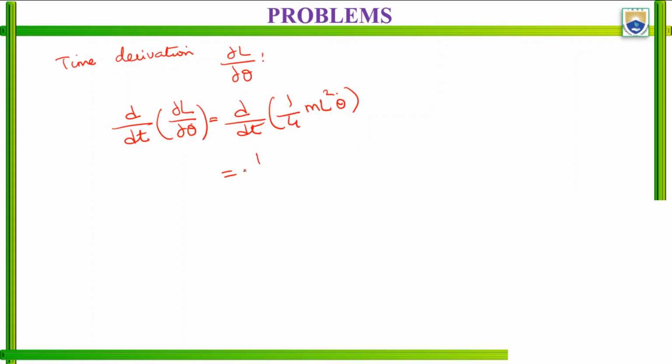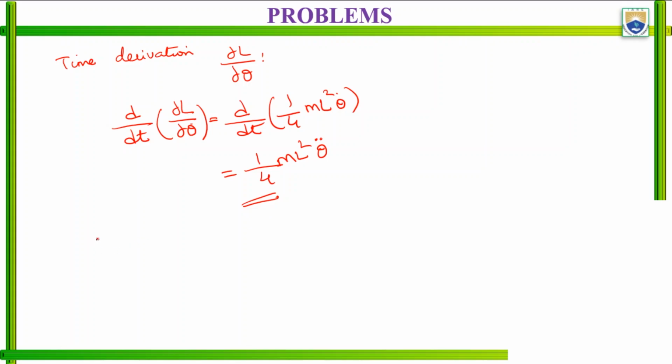Now what will we get here? It is 1 by 4 ml square theta double dot. That is with respect to the time derivation. This will be the equation which we will be getting.